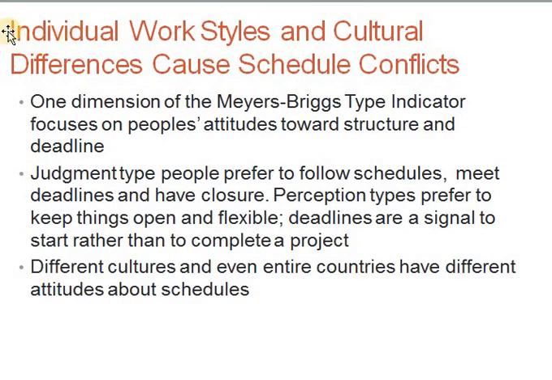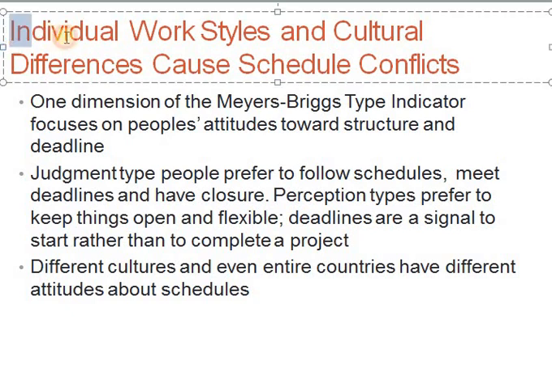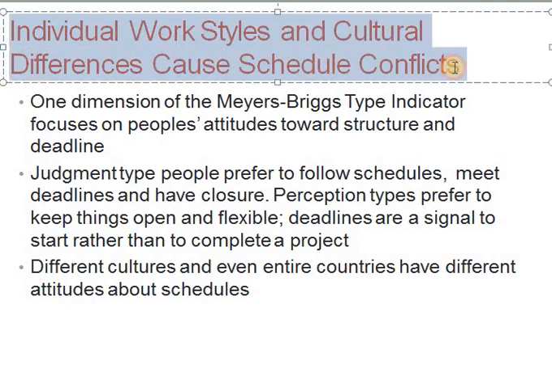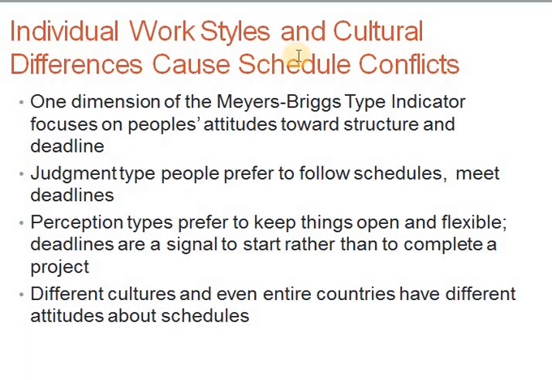So now we will talk about how individual work styles and cultural differences cause schedule conflicts. Basically it shows how individual work style or cultural differences cause the schedule conflicts.